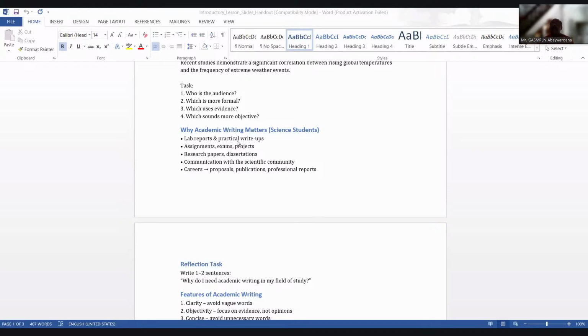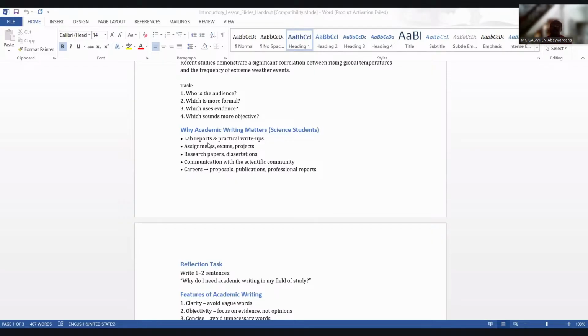For example, after a field visit, according to university norms, students have to submit a report, because you use the money, so you should prove that the money has been used usefully. Therefore the project proposal or the report is very useful. So for that you need science-based academic writing.